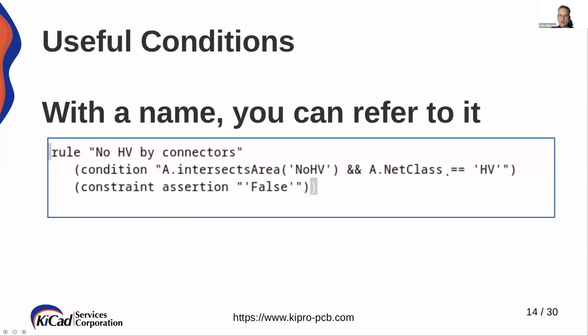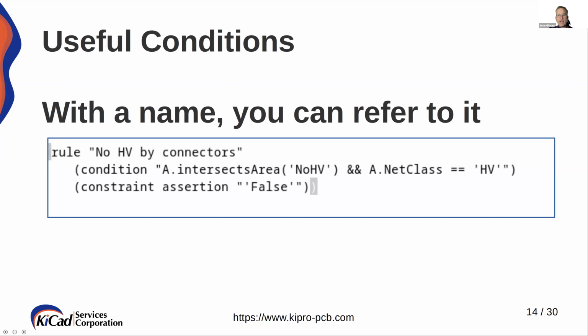So what we're saying here is that A, whatever A is, can be anything as long as it has a net class associated with it called HV, and it intersects with the area that we have named no HV.